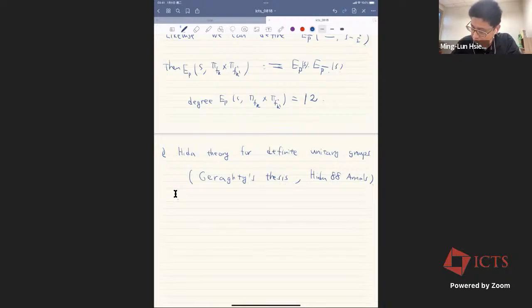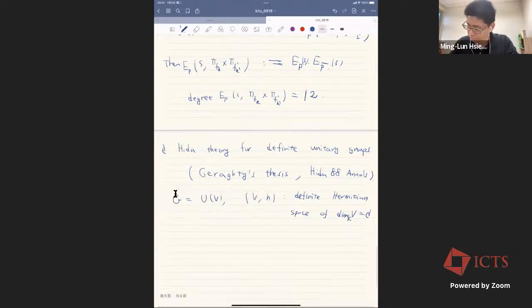Okay, so I just recall the notation I need for this talk. I let G be U(V), V a definite Hermitian space of dimension D. I fix an isomorphism, because p splits in K. The isomorphism just takes a projection along this p direction.